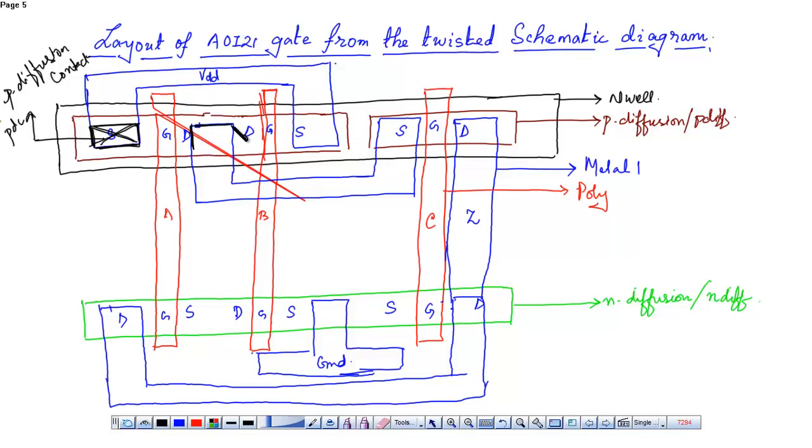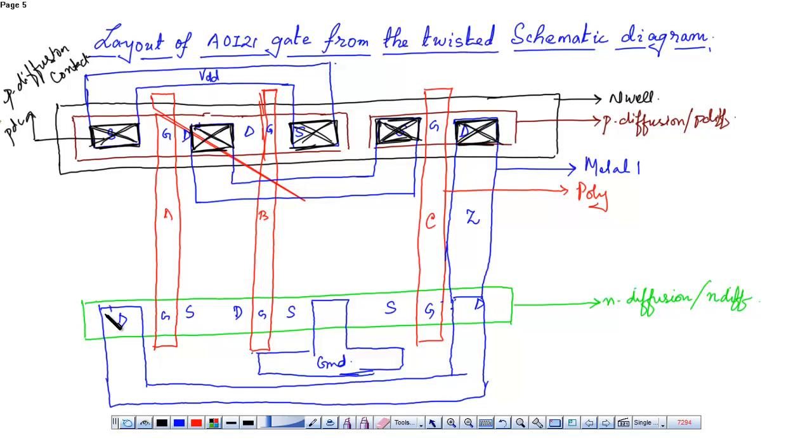This is another PDC contact. This is another PDC.